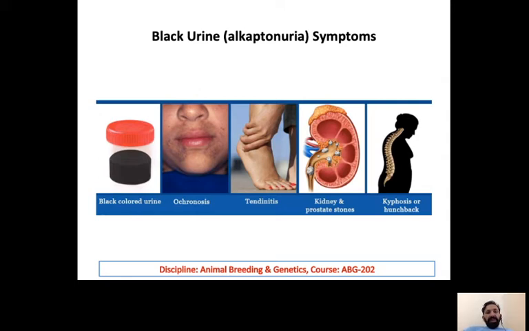Then tendonitis, that is the problem of the tendons. Then kidney stones, prostate stones, and then kyphosis, or the hunchback. So these are the common issues or clinical symptoms related to this disease.